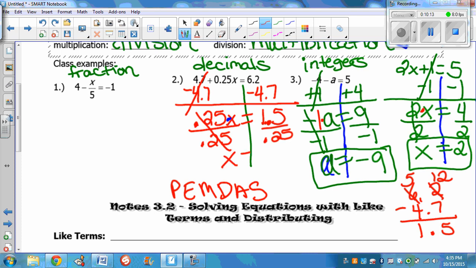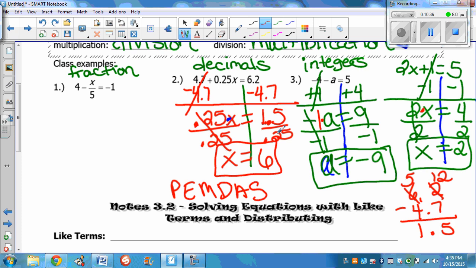X equals, and now go to your calculator. What is 1.5 divided by 0.25? Or in other words, how many quarters are in $1.50? I bet you could come up with that pretty quickly. That would be 6. So my x is all by itself, and it's positive, and my solution is x equals 6.